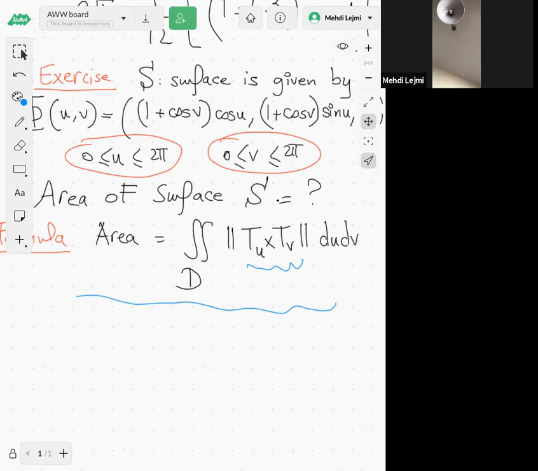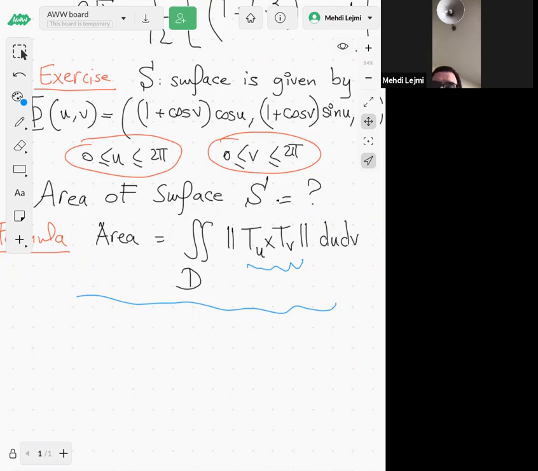I think I have the answer. What's the answer to this? I think the answer would be 4 pi squared. Anyway, guys, let me just give you the answer because again, the computation is kind of long.